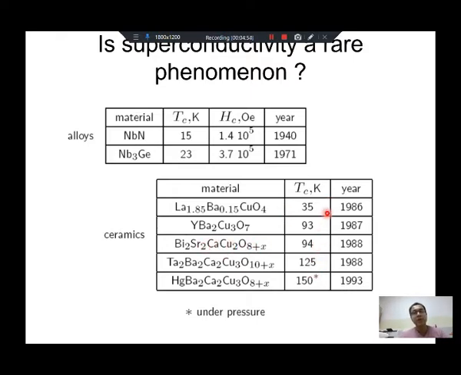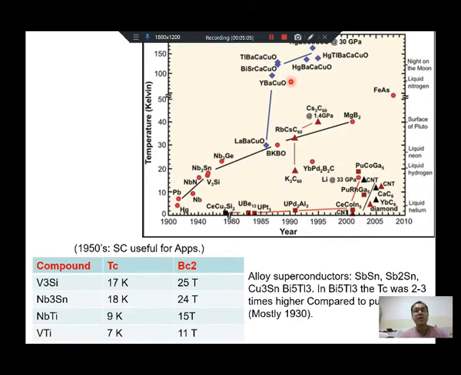So as far as the types of materials which show superconductivity, there are a large variety of them. For example, this viewgraph shows you the superconducting transition temperature as a function of year. I have taken it from the internet. It shows only up to 2010, but you can see that a very large diversity of materials have been periodically discovered.